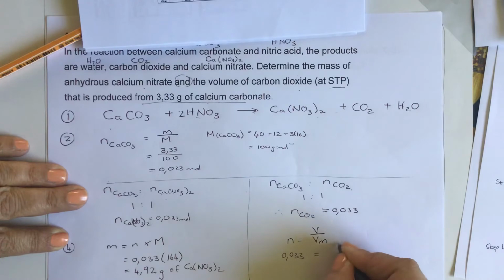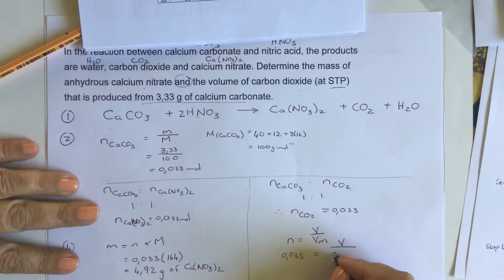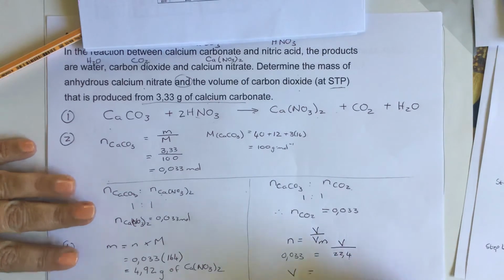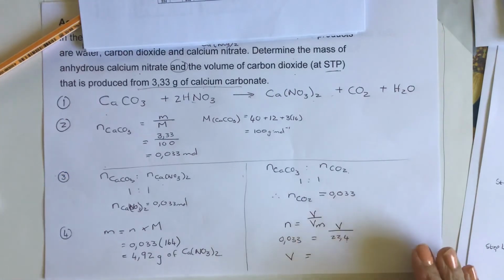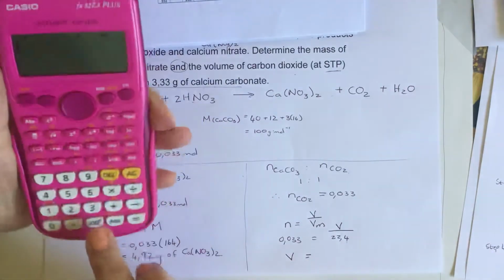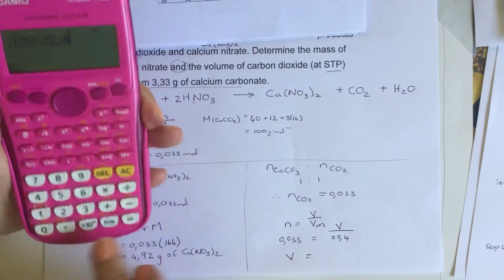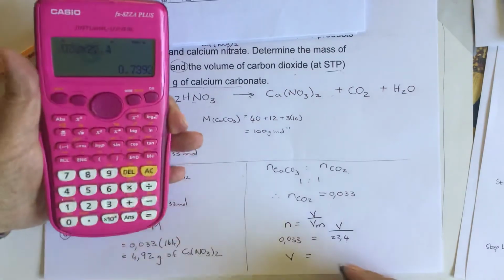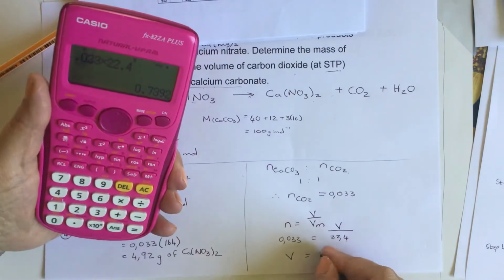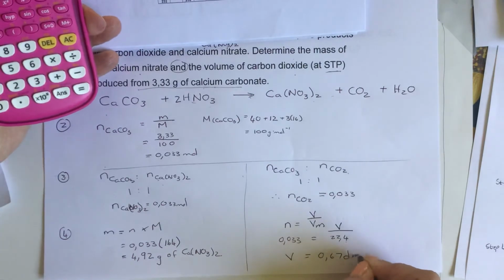0,033, the volume I want. And what is the molar volume at STP? 22,4. If I manipulate this formula, I have 0,033 times 22.4, and I get an answer of 0,67 cubic decimeters.